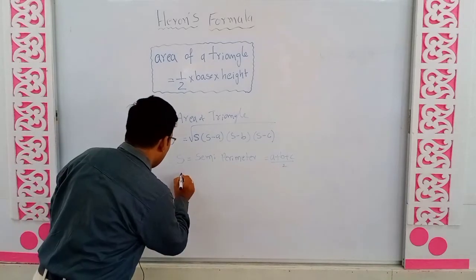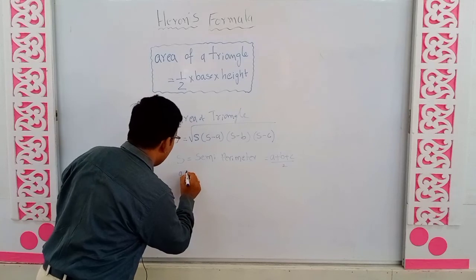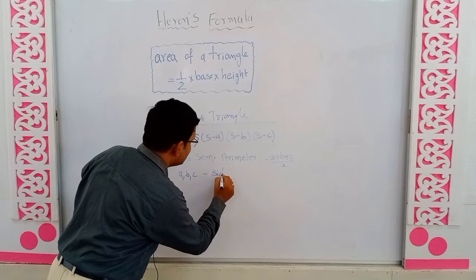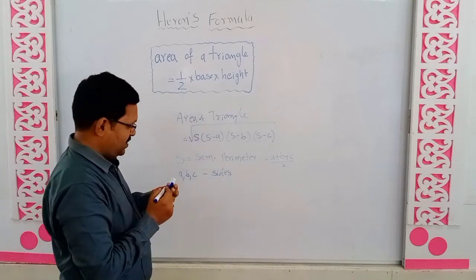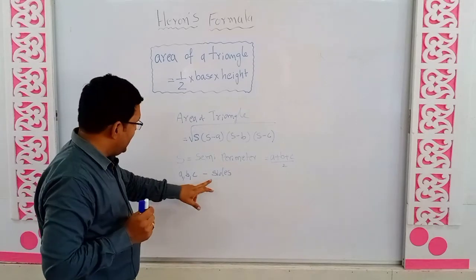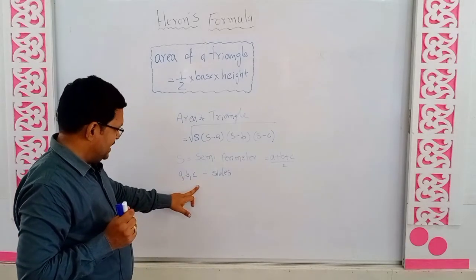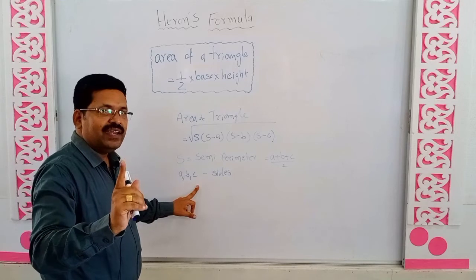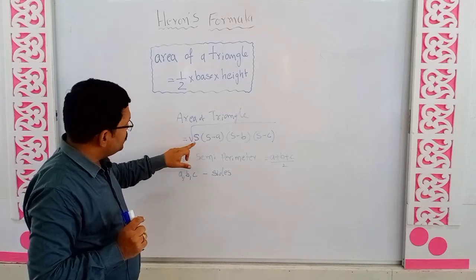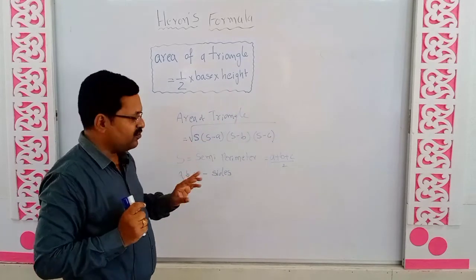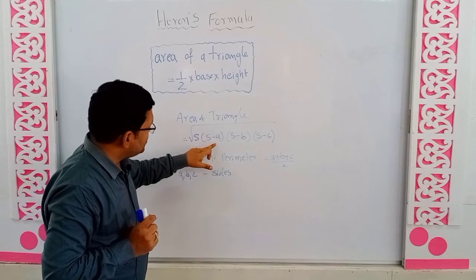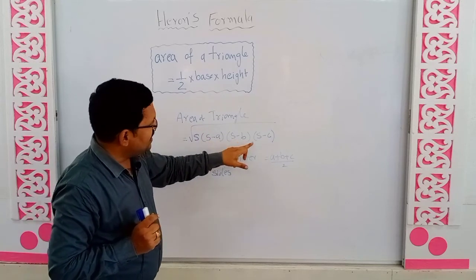What are these a, b, c? Sides. So if you have only the sides a, b, c, you can find out the area of the triangle by this particular formula, the square root of s into s minus a, s minus b, s minus c.